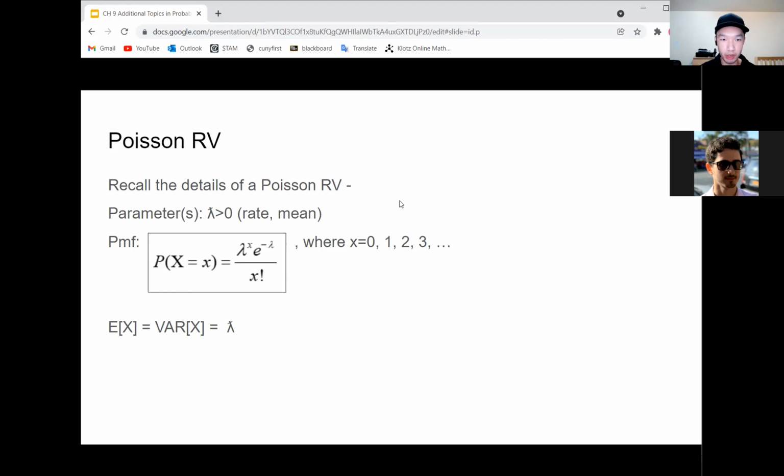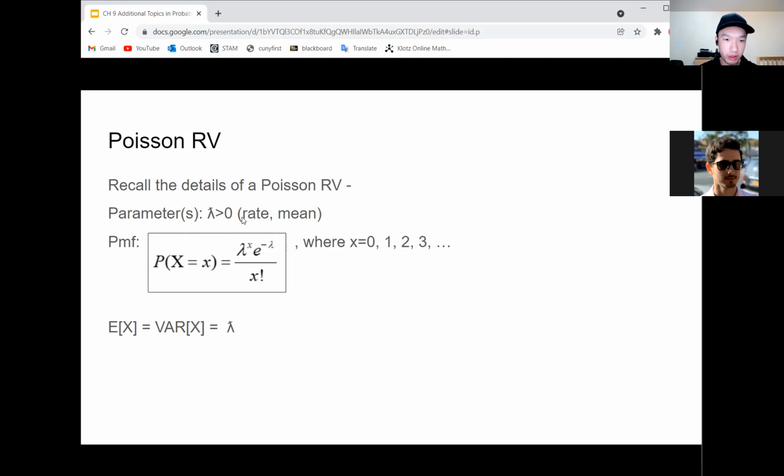Before we start with Poisson processes, let's just familiarize ourselves with or review the Poisson random variable. This we already know. This was from the discrete random variables chapter. So the Poisson random variable has the parameter lambda, which is always positive, and lambda is referred to as the rate or the mean parameter.